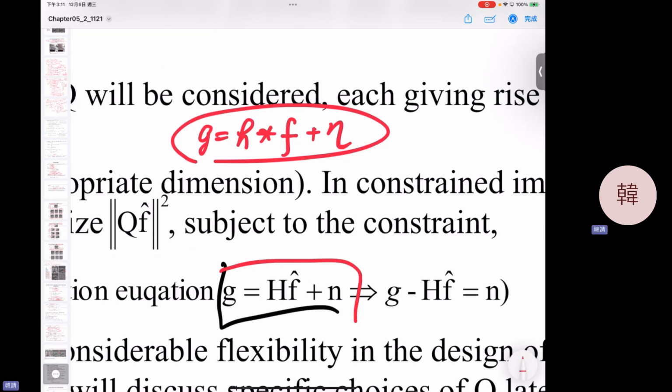Okay, one dimension, but dimensional. They are constant.